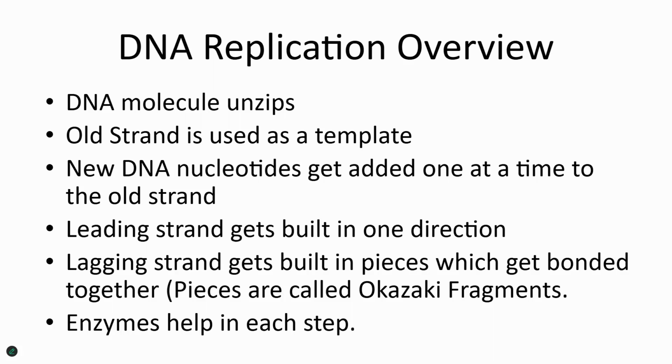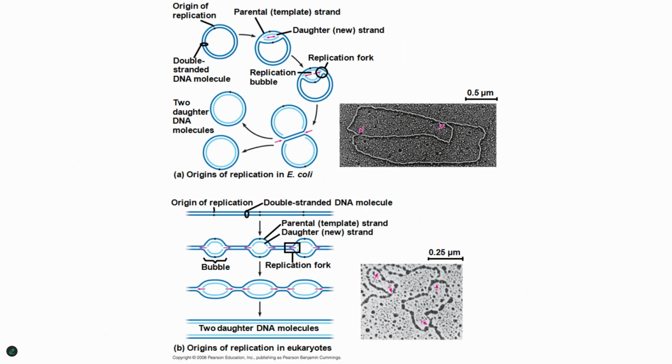But because the DNA molecule is anti-parallel, we're going to have a leading strand, and that's the one that gets built continuously, and we're going to have a lagging strand, and that's going to get built in pieces, which will then get bonded together. Those pieces are called Okazaki fragments. And each step along the way is helped by enzymes.